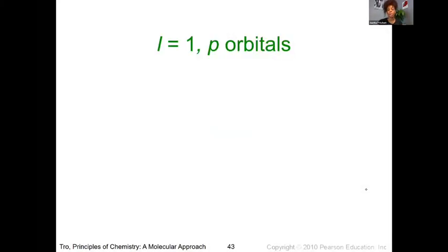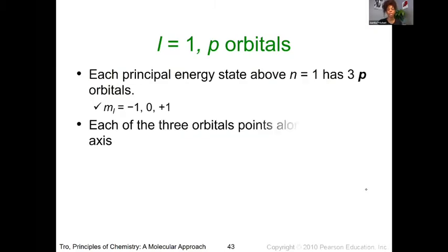Now your p orbitals, again, that's when you're dealing with L values of 1. Your p orbitals can actually be found in 3 different orientations. And this leads to our third quantum number, which is our mL value.